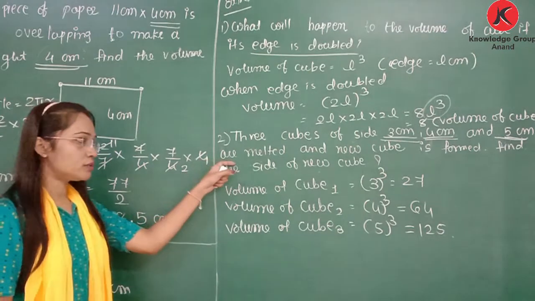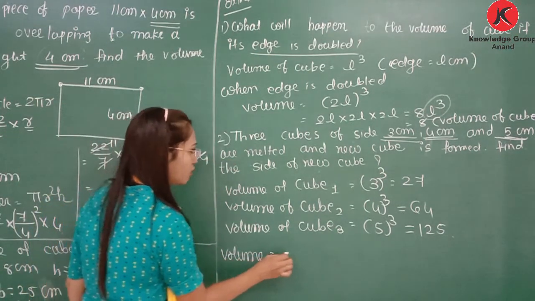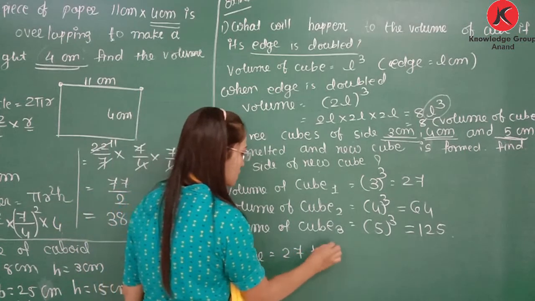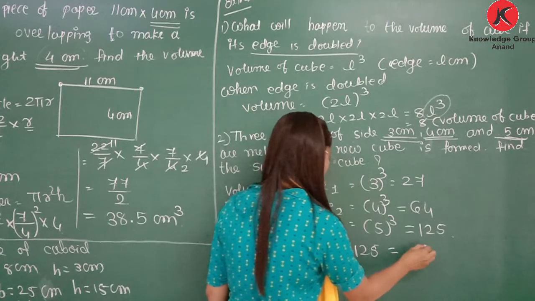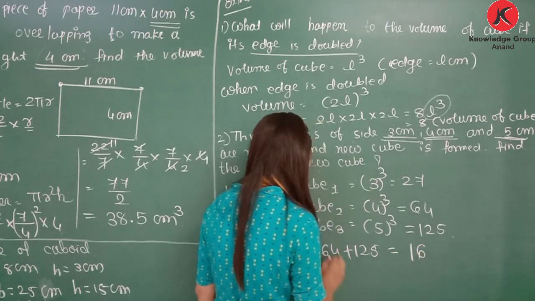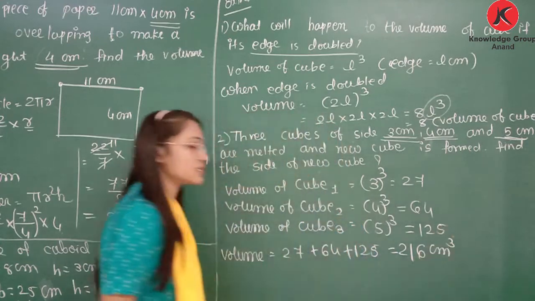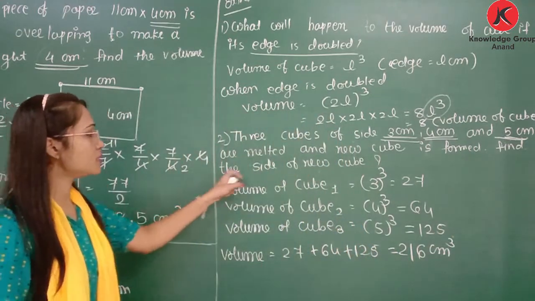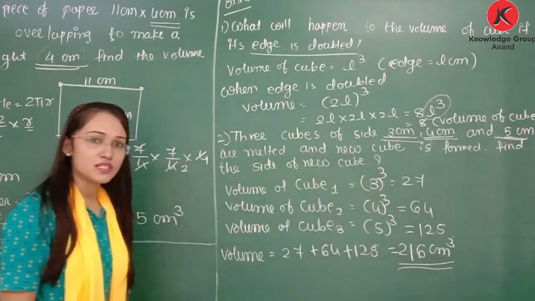So after melting, the total volume will be 27 plus 64 plus 125. So it will be 216 centimeter cube.